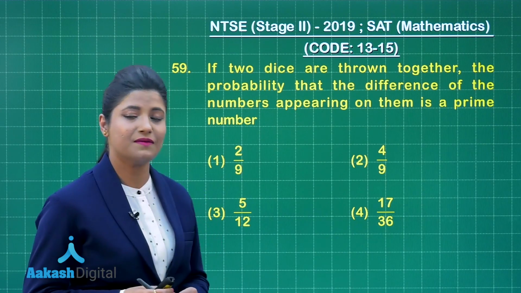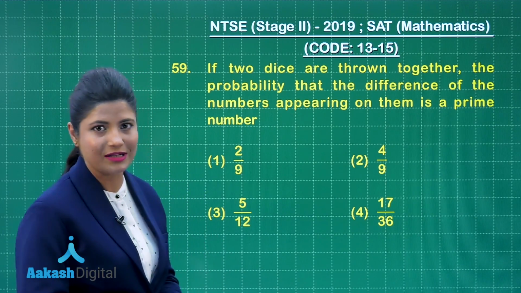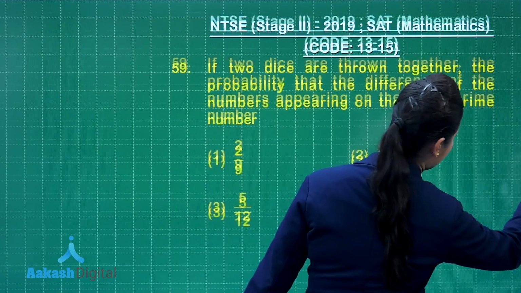So what could be the difference? The difference could be 2, 3, 5, 7 and so on. So let's try to obtain that.